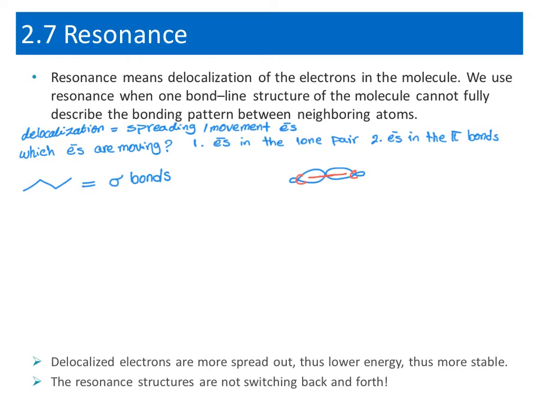And we call this overlapping head-on, or head-to-head overlapping. This type of bonding is very strong, so a sigma bond is stronger than a pi bond, meaning that it is harder to break.